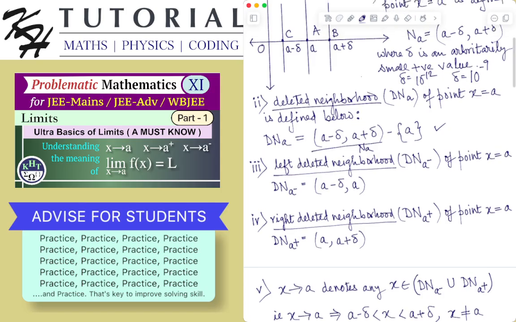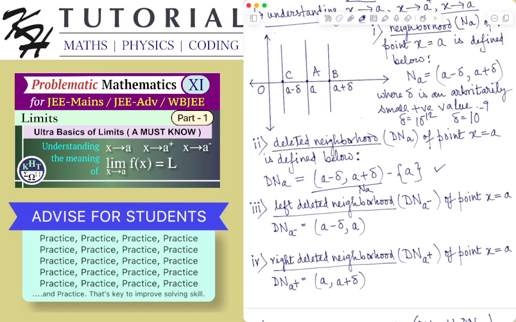So as you can see in the graph in this figure, this is the x axis and this is the y axis, and this is x equals a, the straight line x equals a. The point a is the point (a, 0), b is the point (a plus delta, 0), and c is the point (a minus delta, 0).